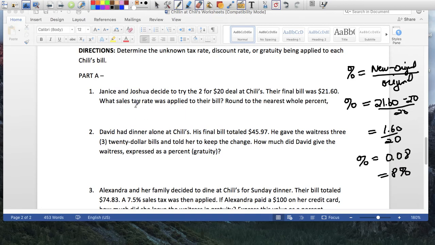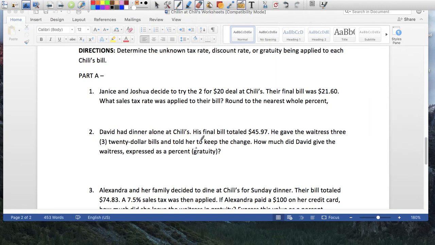So the tax applied was 8%, meaning the food was 20, they applied an 8% tax on this, and they ended up being $21.60. So this is the information we needed to find. Okay, and you can apply the percent of change here.